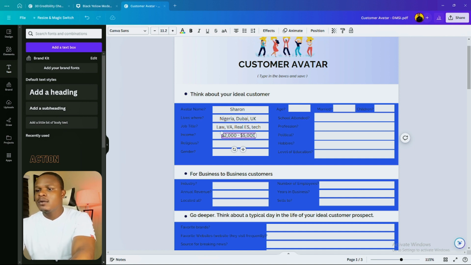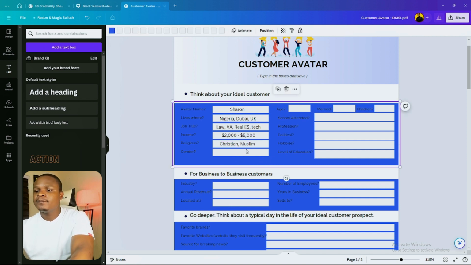$5,000 monthly. Then the next one is, what is Sharon's religion? Of course, Sharon will either be a Christian or a Muslim.